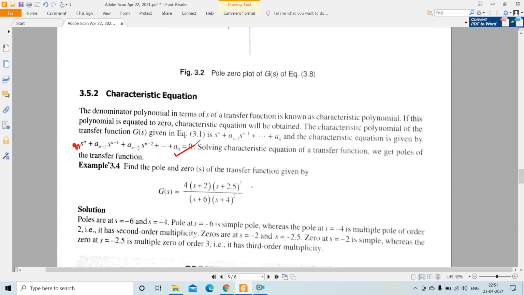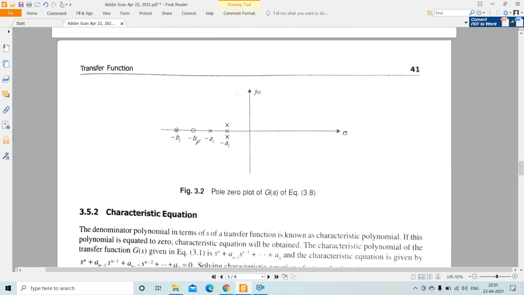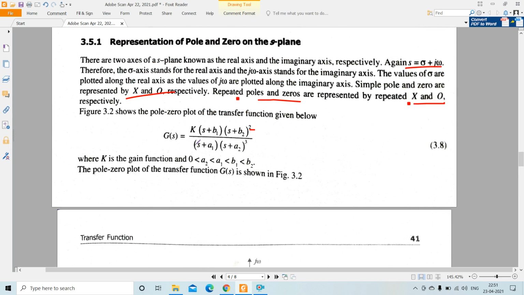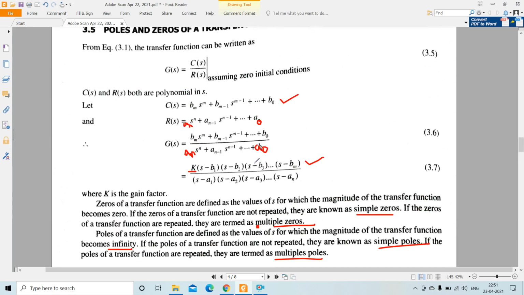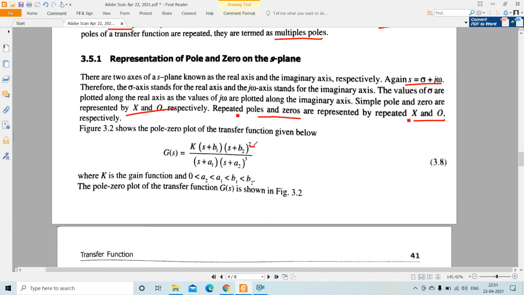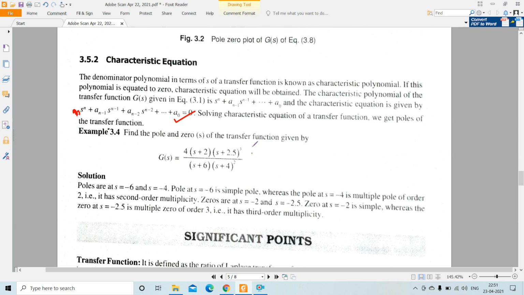So this is our characteristic equation for this transfer function. When the denominator is equal to 0, this expression gives us the characteristic equation. How we find the characteristic equation, we will study in a later part, and this is one example where we show the poles and zeros of this transfer function.